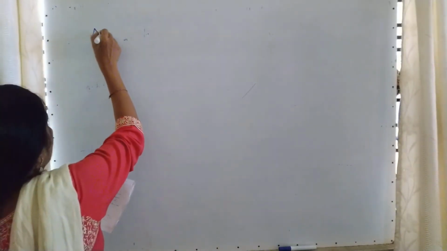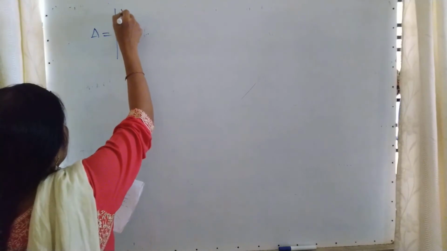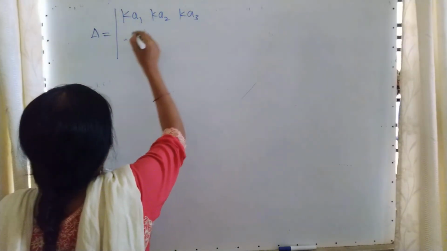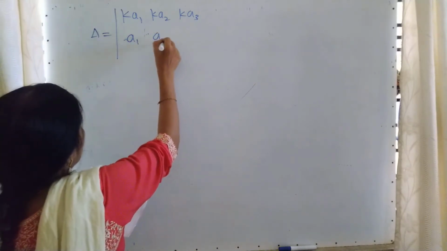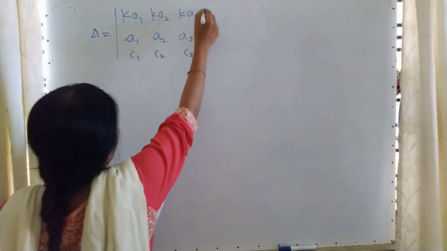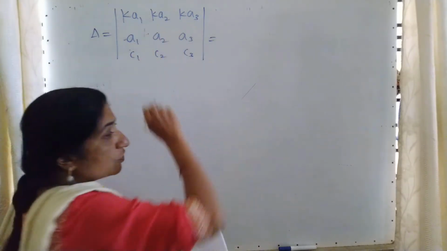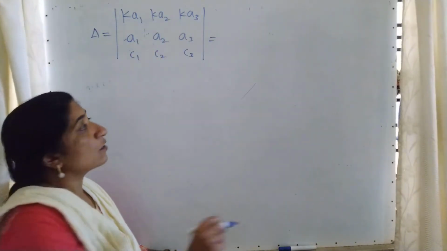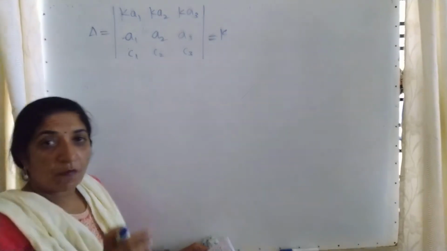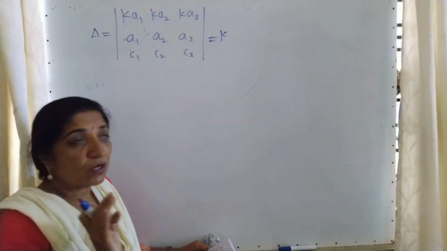See here, suppose delta has first row KA1, KA2, KA3. This is A1, A2, A3. This is C1, C2, C3. See here, in the first row we can take K as a common, as in the remark, you can take a common from any one row or one column.